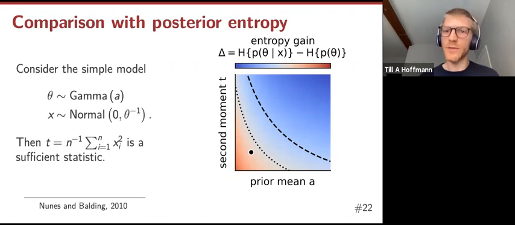We've reduced our uncertainty. Now, the dashed line here is the expected second moment of the data, which is exactly the sufficient statistic. But if the second moment is relatively small, there's a transition, which is indicated by this dotted line, where the entropy actually increases.